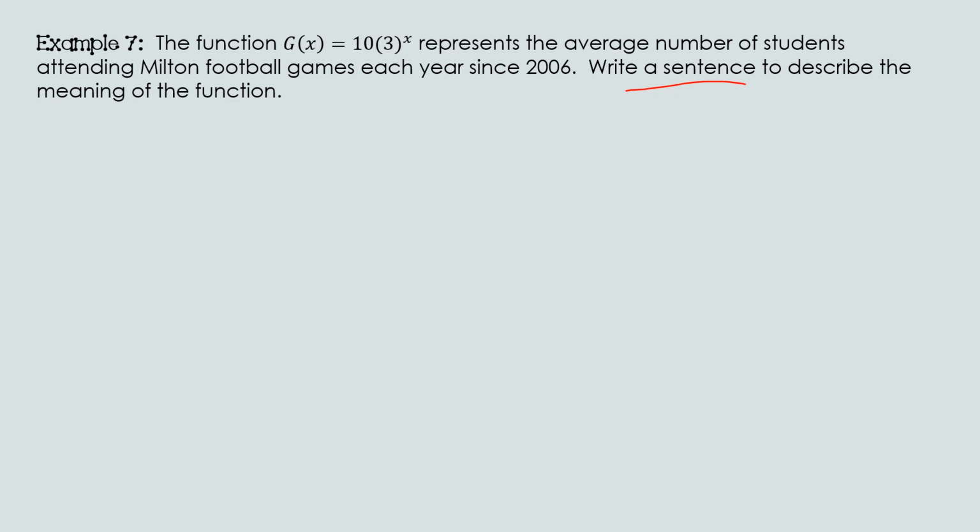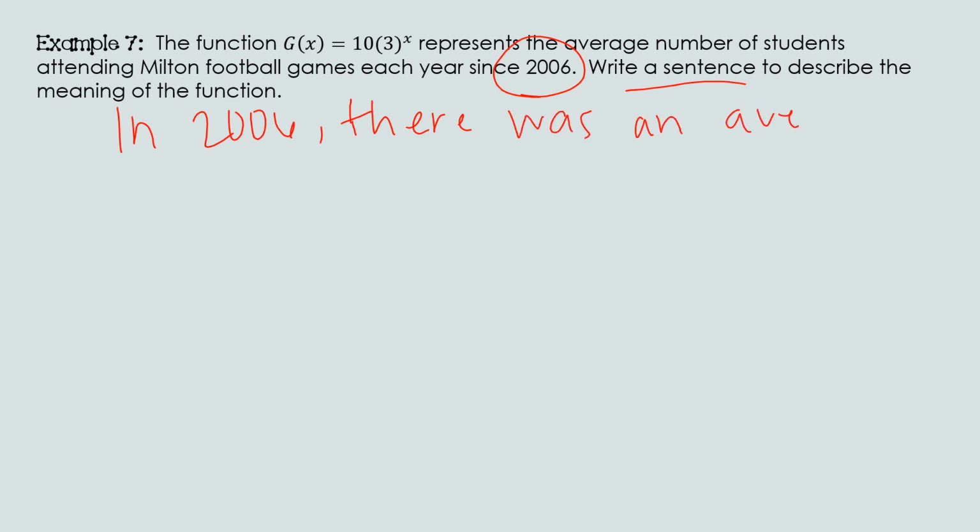So in terms of Milton football games and students, what does the 10 represent? So because this started in 2006, that's our initial value. So in 2006, there was an average, because it does say the average number of students.